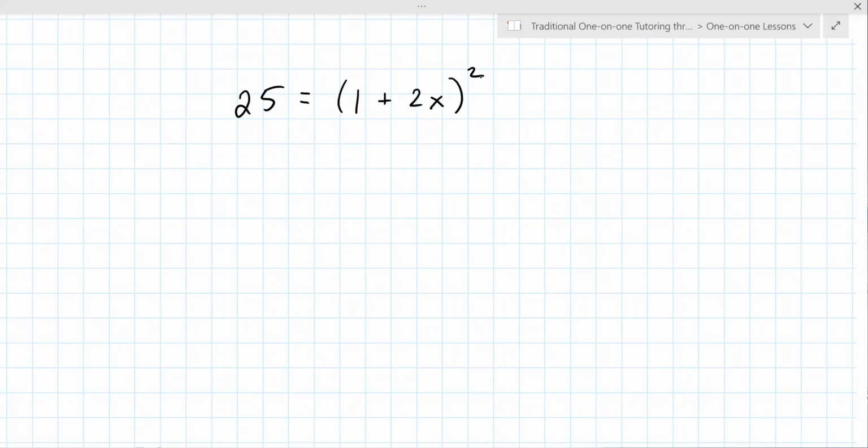X equals 2 and -3. Yes, those are both correct. Very good. Awesome. Okay. So one last question for you before we move to another topic.